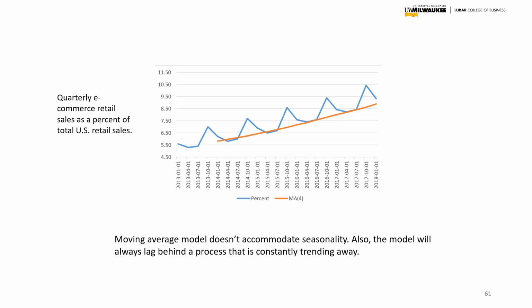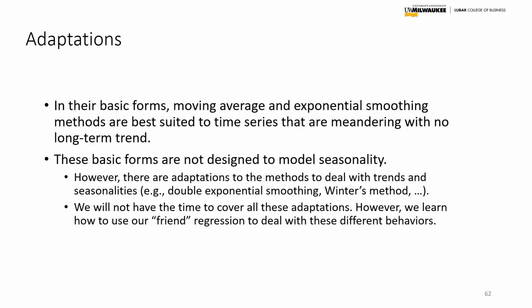So we're going to have to seek out alternatives. In their basic forms, moving average and exponential smoothing methods are best suited for time series that are meandering around some stable horizontal mean and not having a long-term trend. They also are not designed to model seasonality.